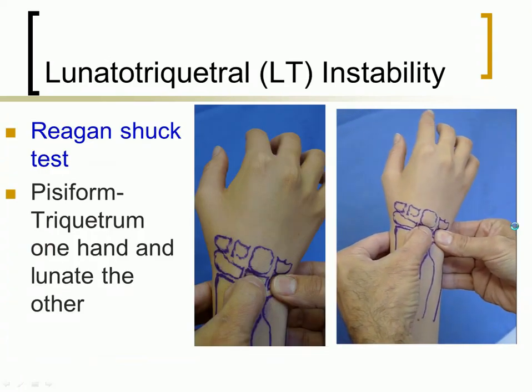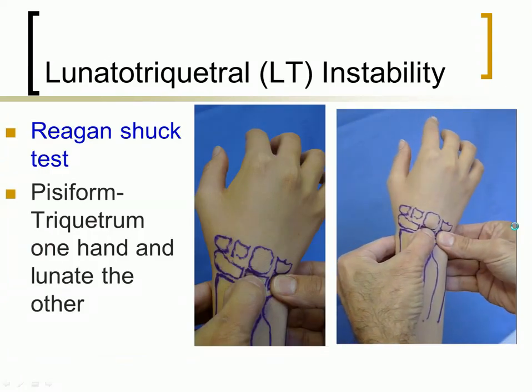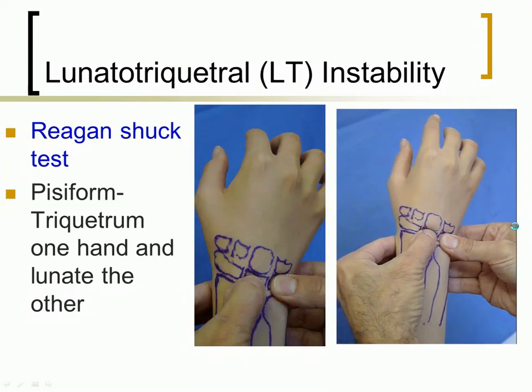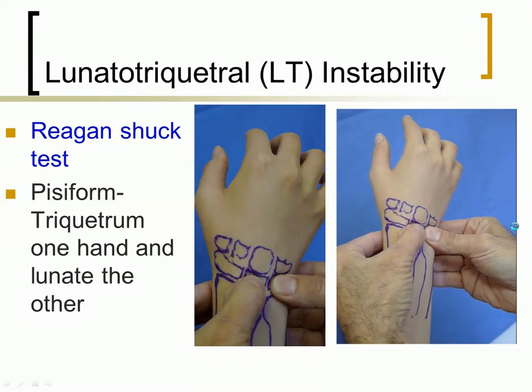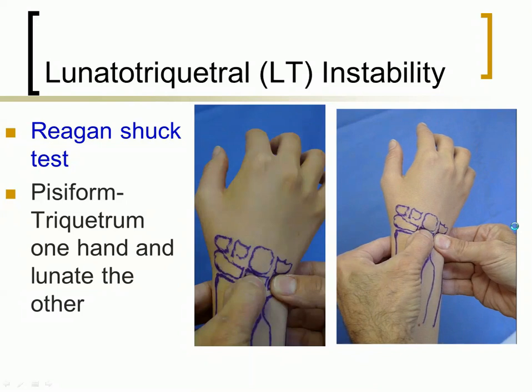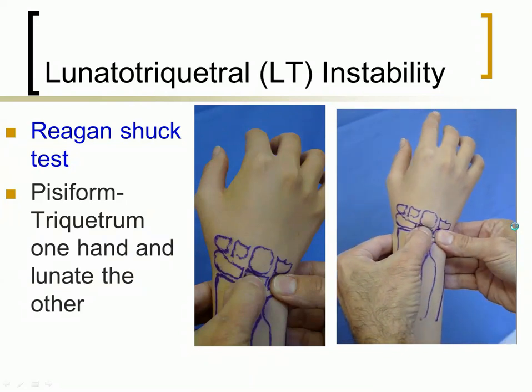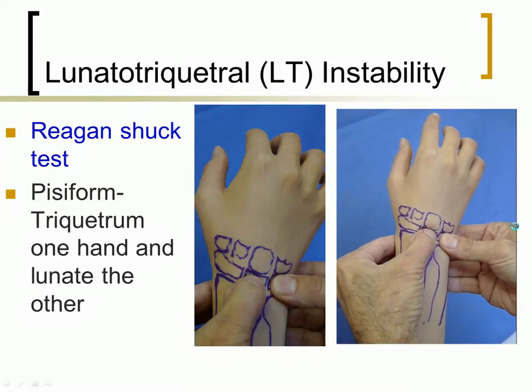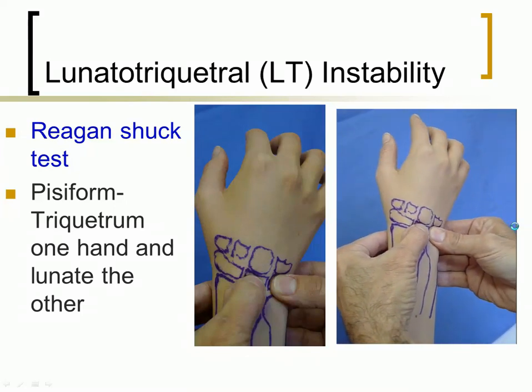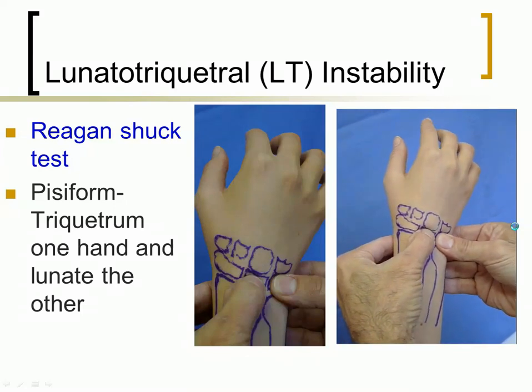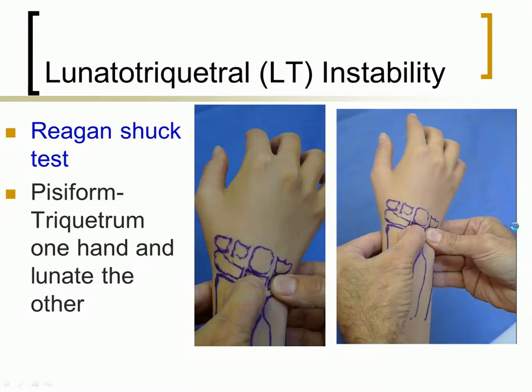There are at least two tests for LT instability. The first and most common is shown here. With the Regan LT shuck test, in one hand the pisiform and triquetrum are grasped. That's on the right hand, the examiner's right hand, and with the other hand the lunate is grasped. The test is moving them in opposite directions, volar and dorsal.